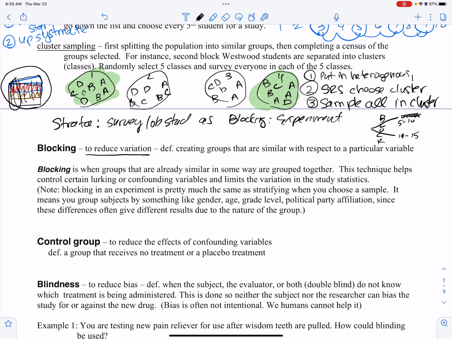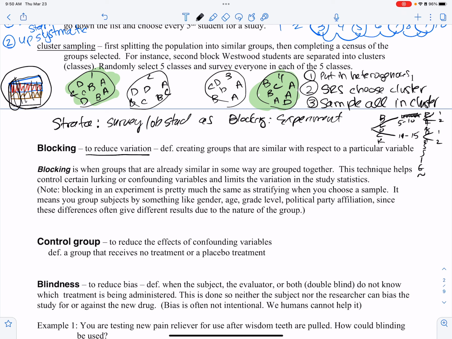And I noticed that younger kids tend to respond a little differently, so I decided to put them in blocks, and then this would be my random assignment. And I would randomly assign them to treatment 1 or treatment 2, treatment 1 or treatment 2.